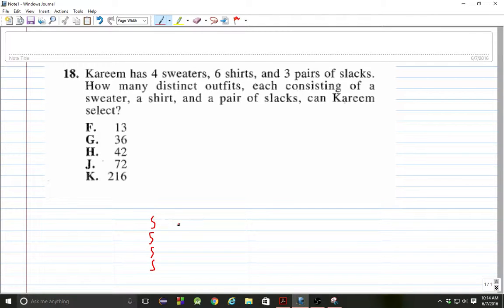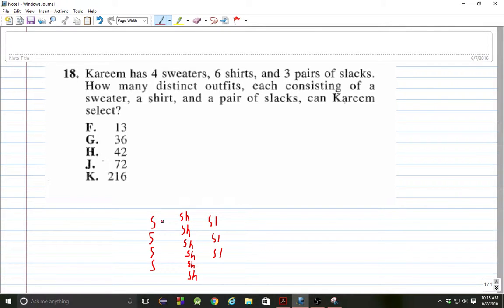And then we could think of it as SH, 6 shirts, and then 3 pairs of slacks. So we can think about it as 3 SLs.